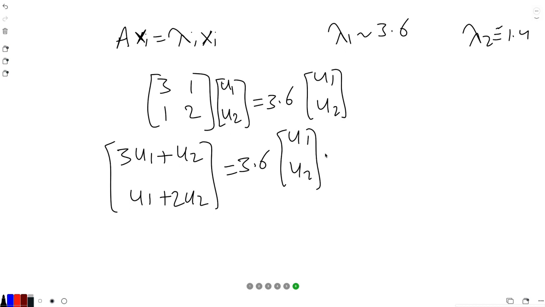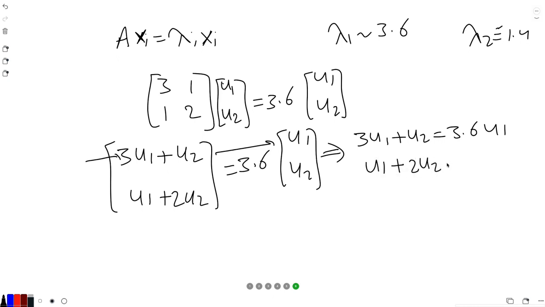So in other words, it becomes 3 u1 plus u2 equal to 3.6 u1. This is from the first equation, and the second equation is u1 plus 2 u2 equal to 3.6 u2.